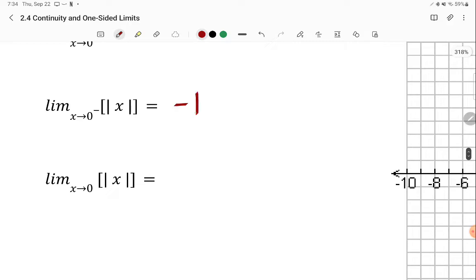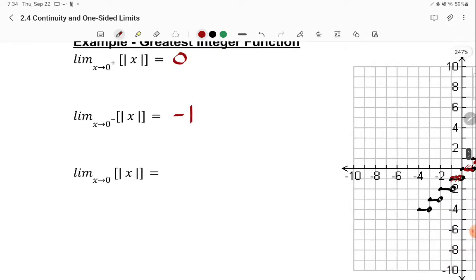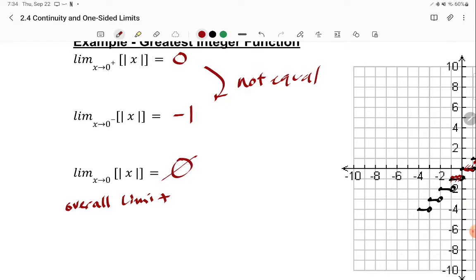So from the left is -1, and then this one is asking about the overall limit. In order for the overall limit to even exist, the left and right hand limits have to be the same. Since these are not equal, this does not exist. Okay, so this implies that this is non-existent.